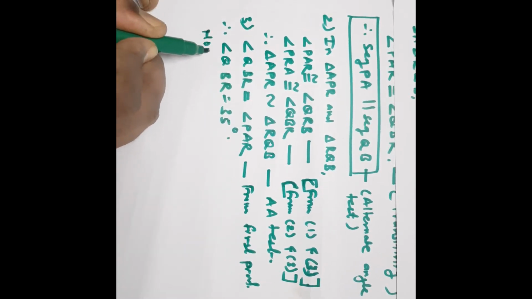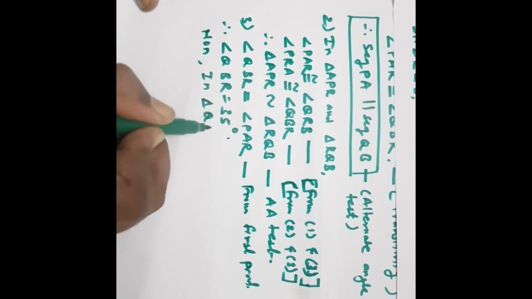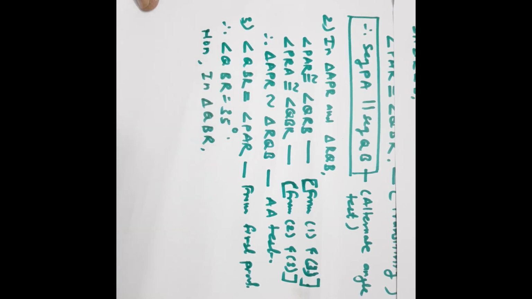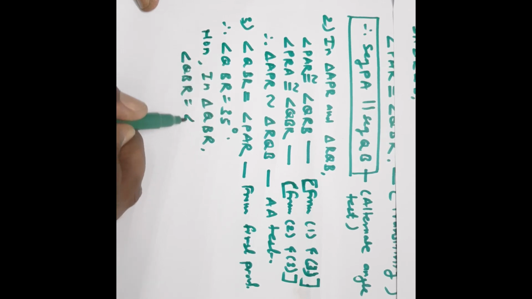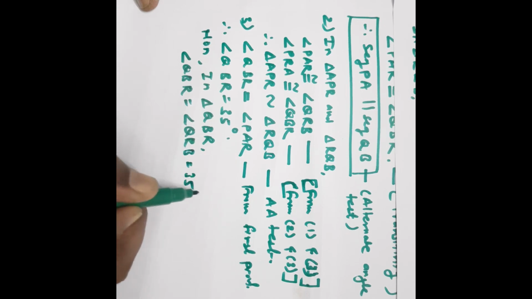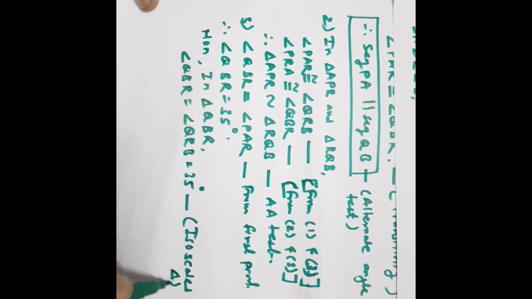Now, in triangle QBR, angle QBR is equal to angle QRB, equal to 35 degrees, because it is an isosceles triangle.